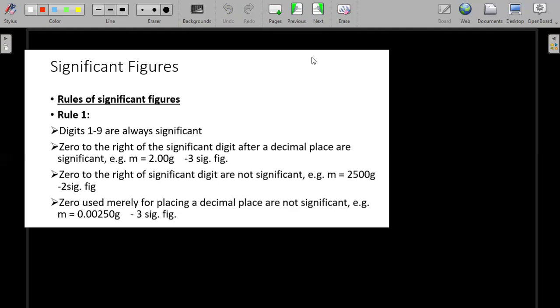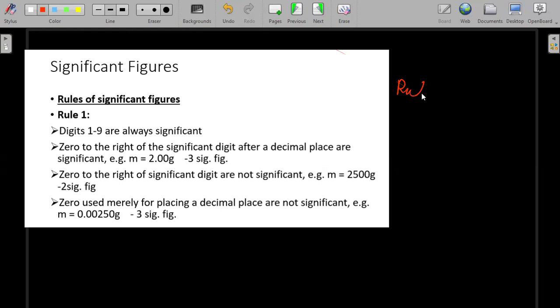Okay, so as we are doing our measurements, there are those numbers that are going to be important in our measurements. Those are going to be significant figures. Now there are rules which we use to come up with the significant figures. So we can have what we call the first rule.